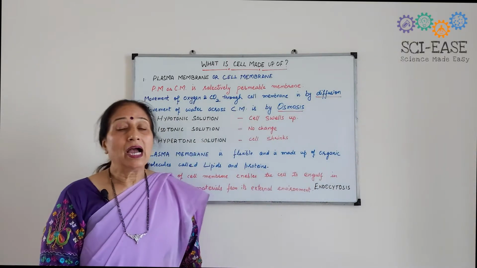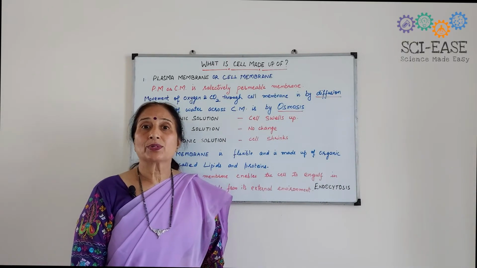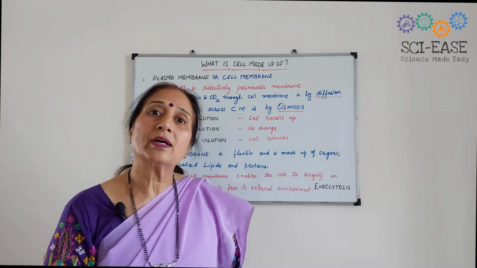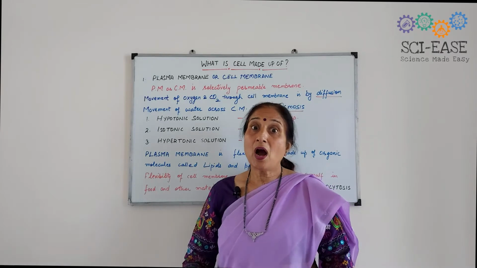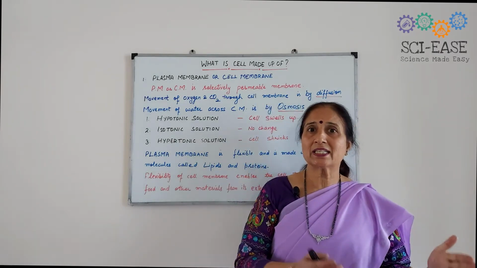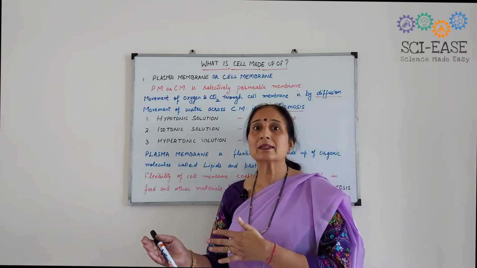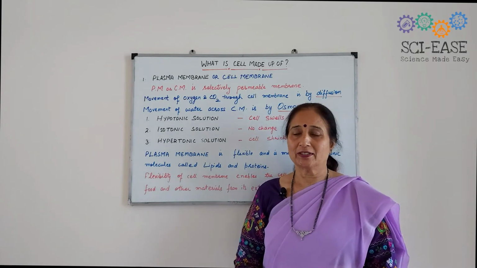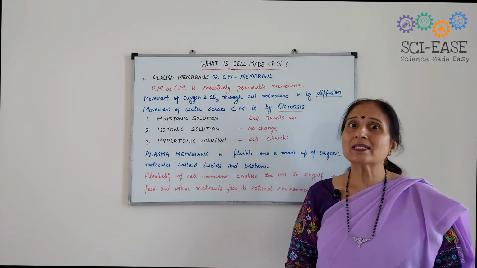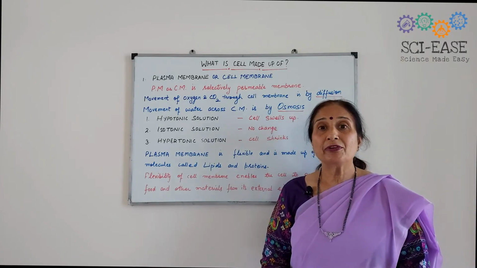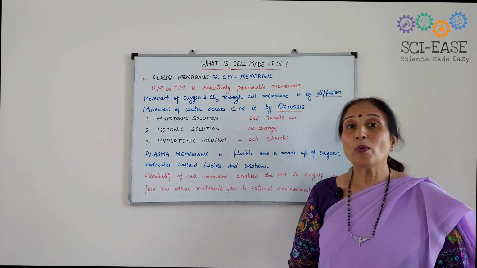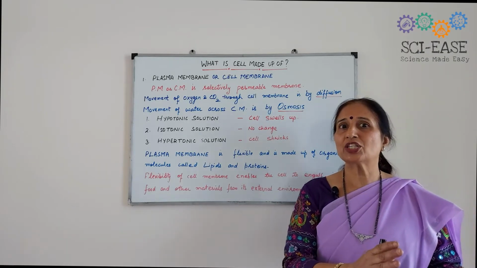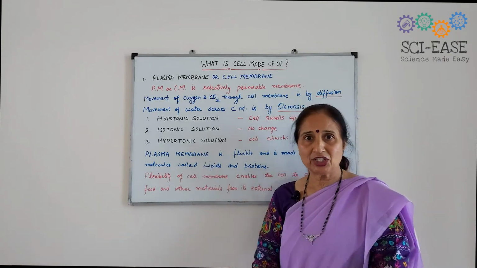Here, I will tell you about the movement of oxygen and carbon dioxide. How does the movement of carbon dioxide or oxygen take place in the cell? This is by the process of diffusion. First, what is diffusion? Diffusion is the movement of a substance from a higher concentration to a lower concentration.